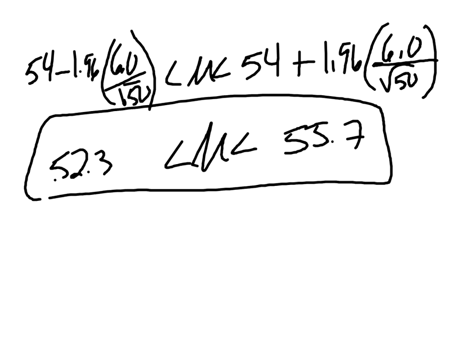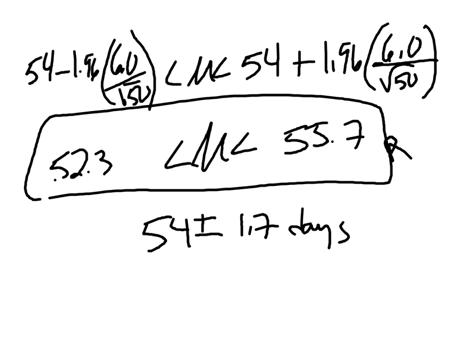So notice we went from 54 to 55.7. We added 1.7 days, and we went from 54 to 52.3. We subtracted 1.7 days, excuse me. So another way to write this would be 54 plus or minus 1.7 days, although the way that I've written it in interval notation is the preferred way.